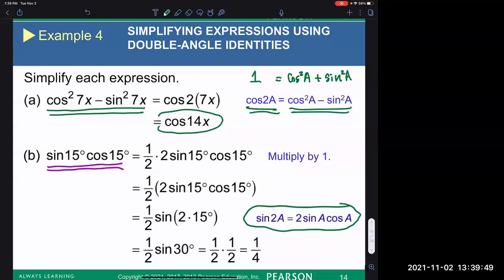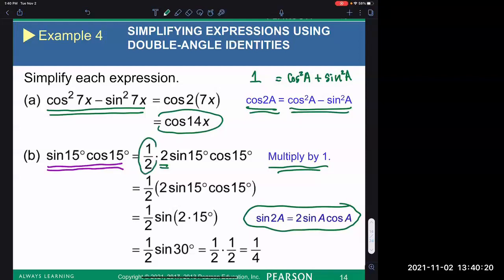So in this problem, they say here to multiply by 1, but how would you know to do that? The way you know to do that is you recognize that what I'm given here looks almost like the sine double angle formula if only there was a 2 out front. So what they do is they put the 2 out front, but you can't just multiply by 2 without changing the value. So they also multiplied by 1/2.